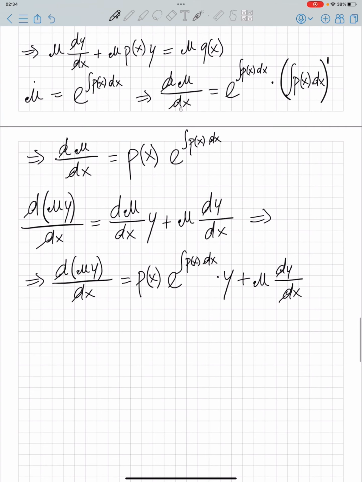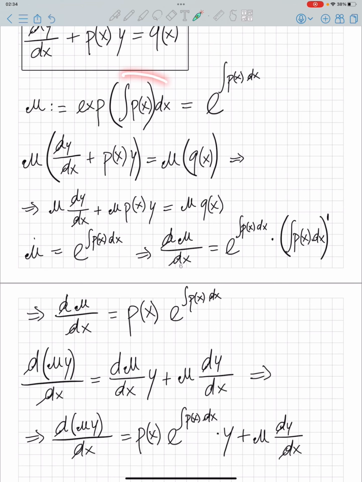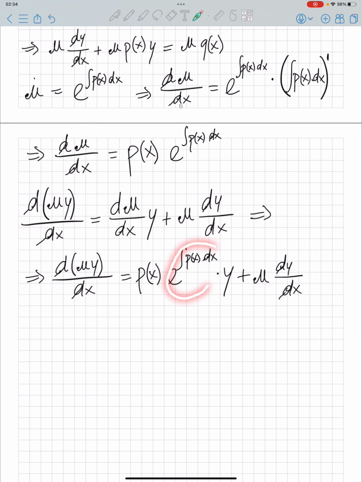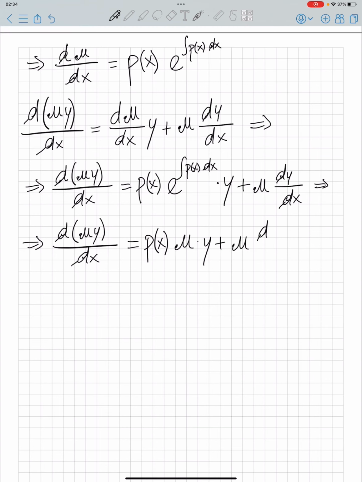Our mu, we define it to be exponential of integration of p of x dx, which is basically this one here. So let's copy it down with the mu, right? So d mu y dx is equal to, so p of x, we're gonna write it down as mu, right, times y plus mu times dy dx.